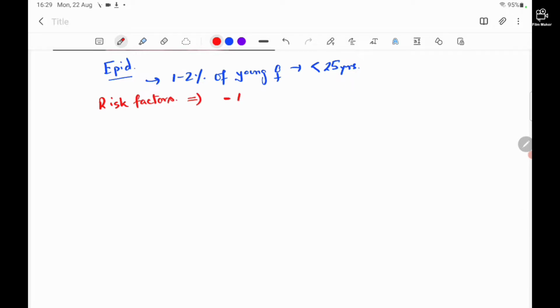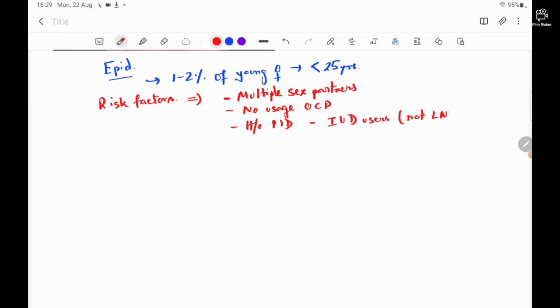Firstly, multiple sex partners, no usage or lack of usage of OCP, a history of PID, some of the IUD users, intrauterine device users, but not LNG IUDs.